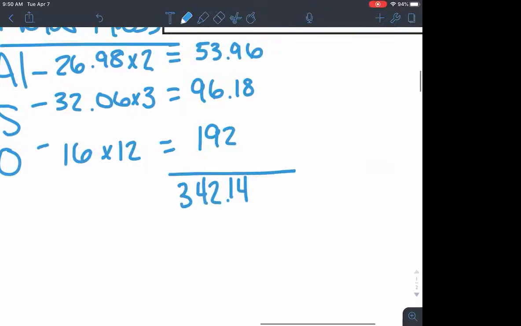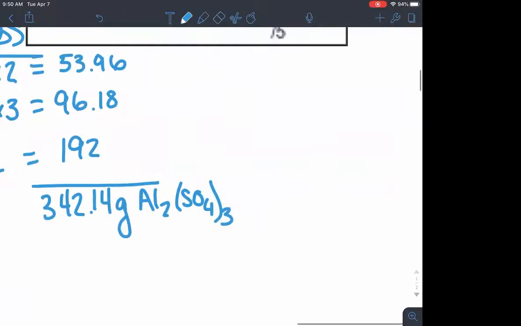And if we add these 3 numbers together, we get a total molar mass of 342.14. And what are our units for this? Do you guys remember? Is it moles? No, so grams. We're close. It's grams of aluminum sulfate. And that equals what? Because this equals something.